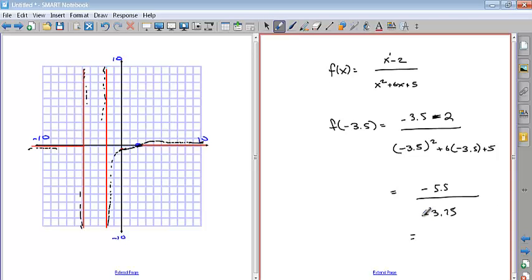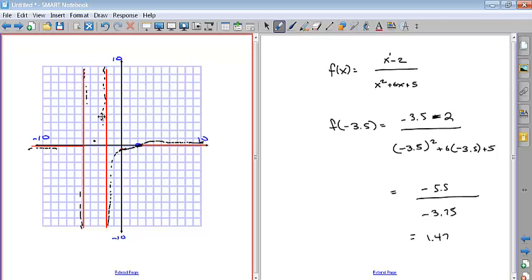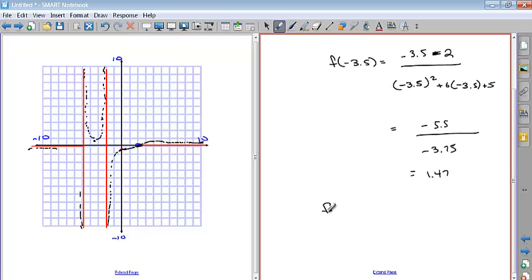So negative 5.5 divided by negative 3.75 is 1.47. So that's going to be right there. 1.47 is actually right there. So it gets almost down to the x-axis, but not quite. And then I'm going to do f of negative 6. So I'll get negative 6 minus 2 divided by negative 6 squared plus 6 times negative 6 plus 5.